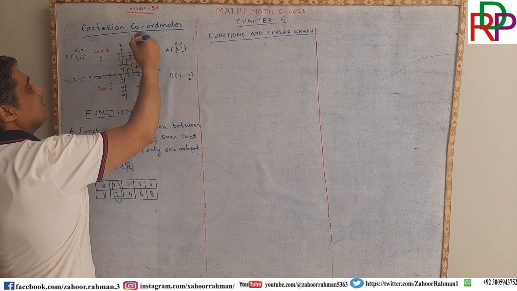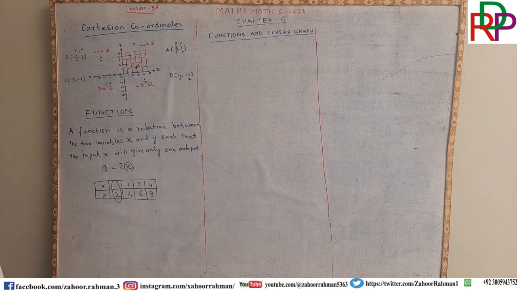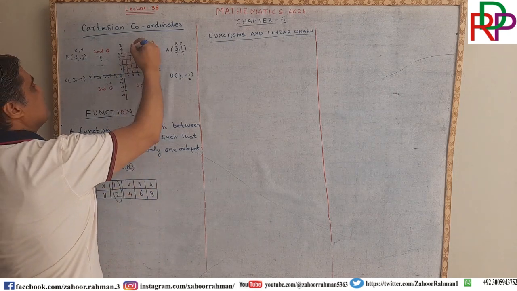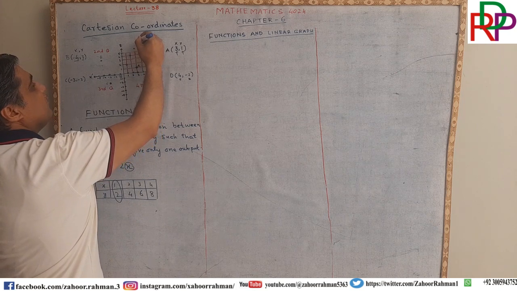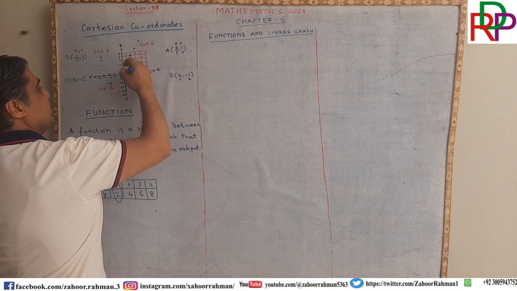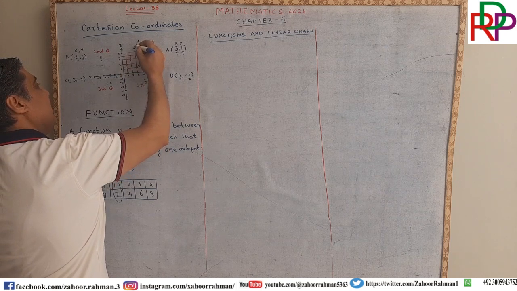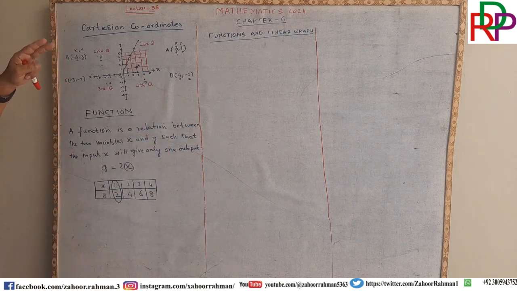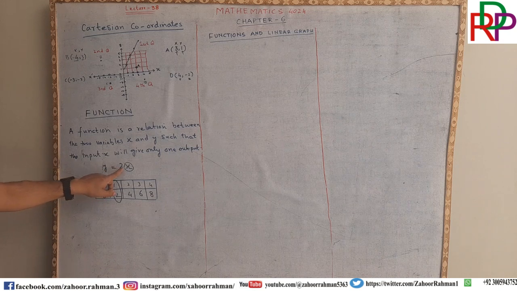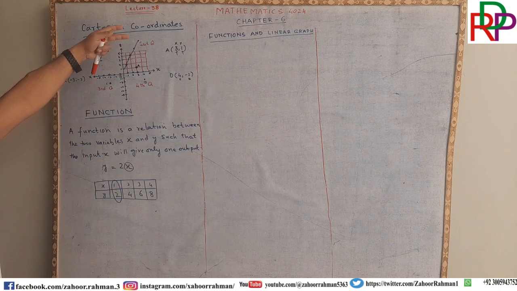So it will be somewhere here. That will be 6, sorry. So 4 and 8. So when we combine all these points, that will give you a straight line. So y is equal to 2x will show you a graph like this.